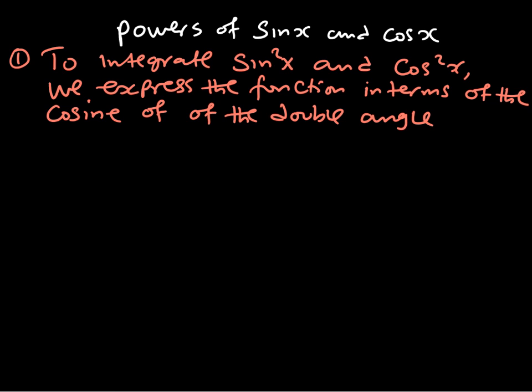the double angle. So let's get ourselves reminded of the double angle formula. You remember your trigonometry? We said that cosine of 2x is the same thing as cos squared x minus sine squared x.